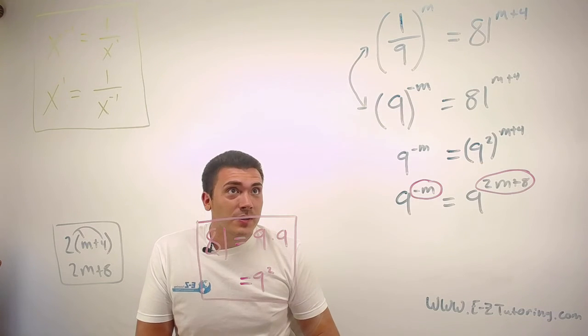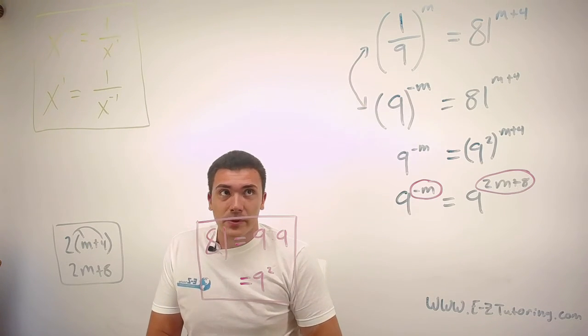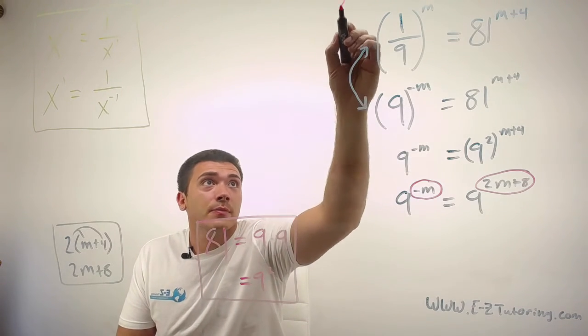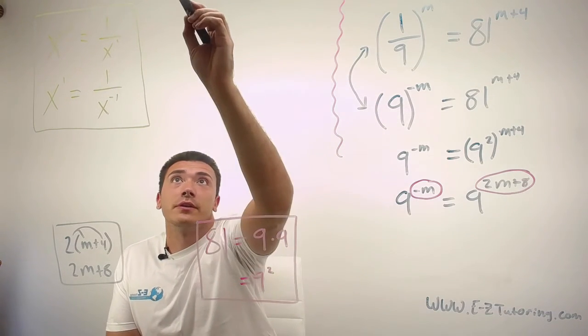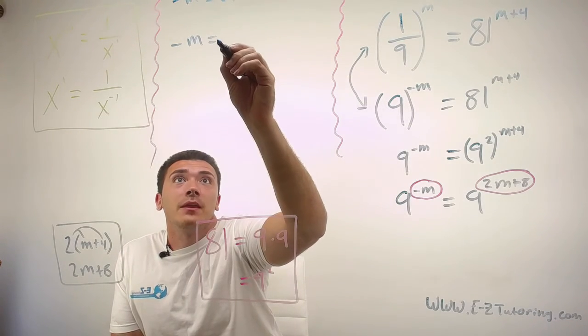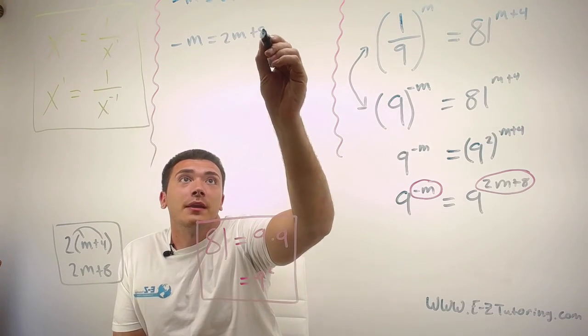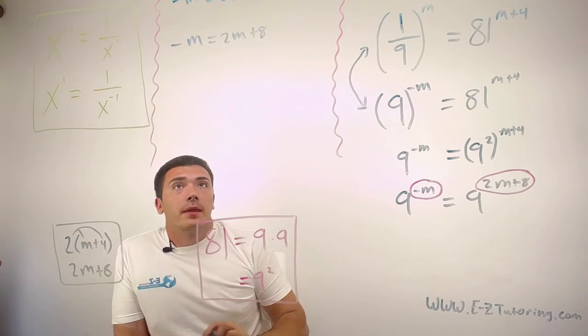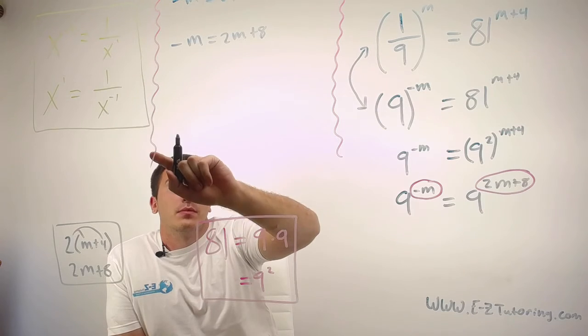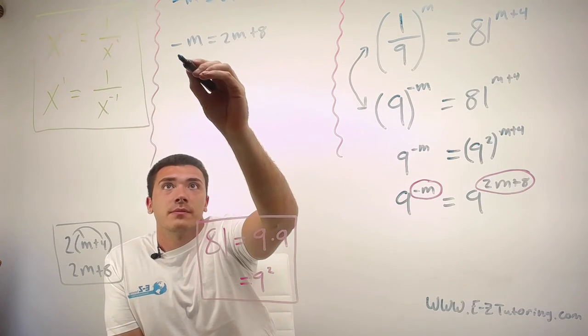So now, once again, this becomes simple algebra. Negative m equals 2m plus 8. In order to solve for m, we should move this m onto that side, or the other way, doesn't matter.